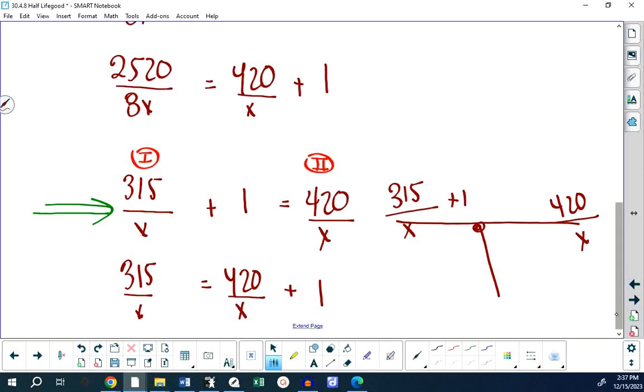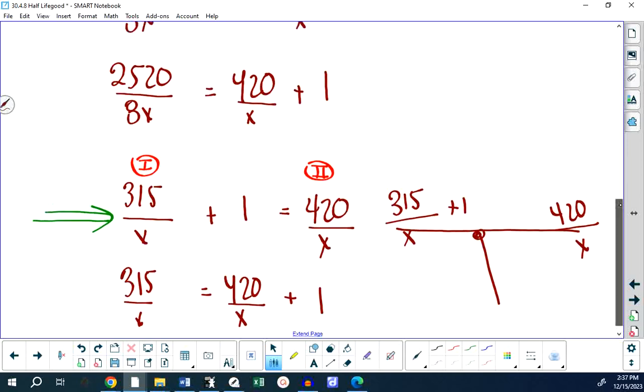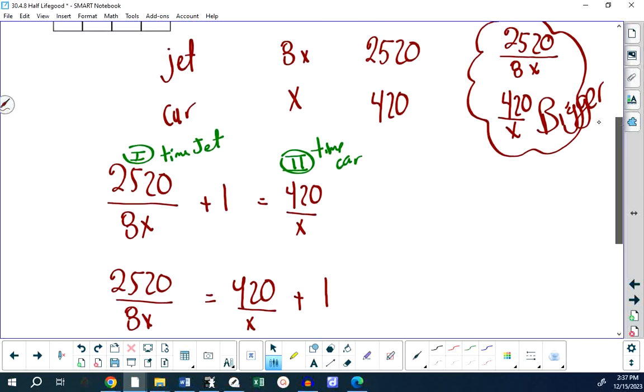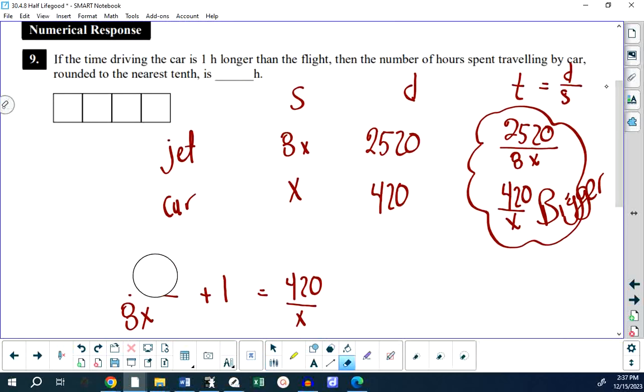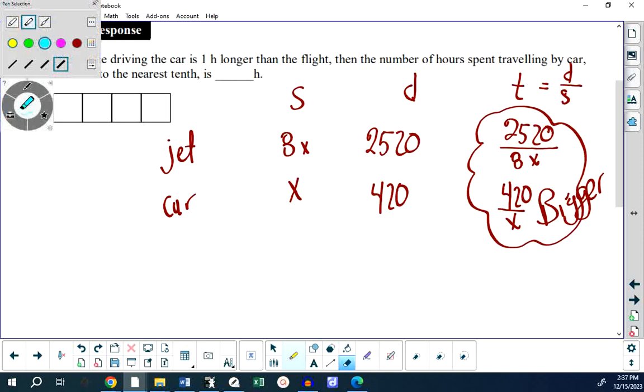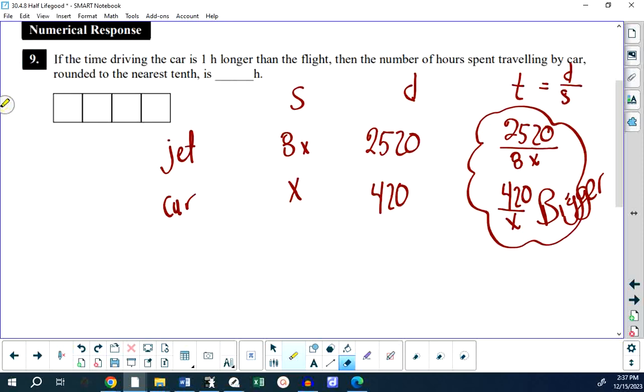You could also do this, finally, everybody, not by looking at a comparison, but by looking, and we did this morning in Sabre Support, and it's not always ideal, by looking at the sentence describing things. The time driving is 1 hour longer than the flight.